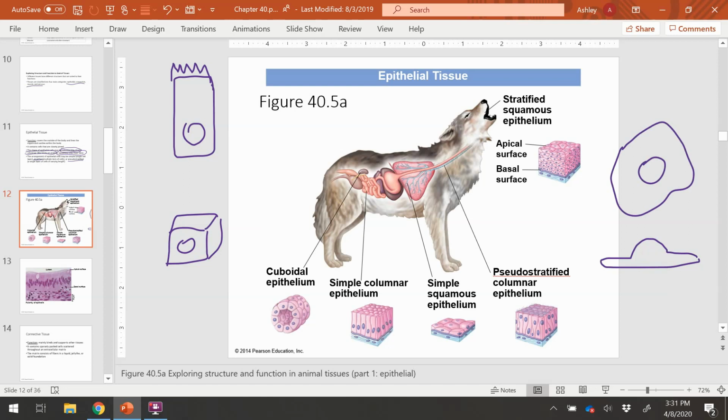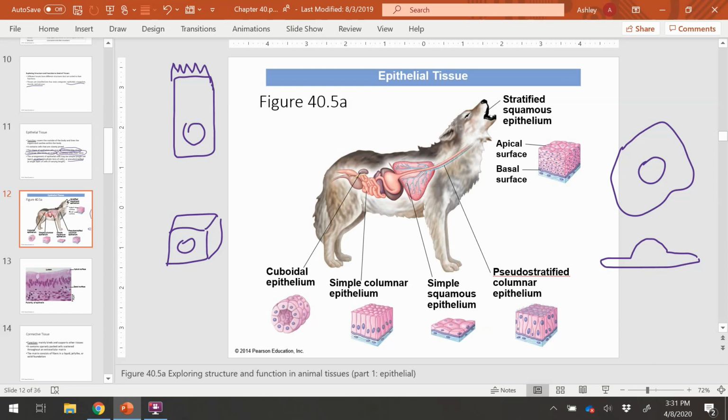So tiles or fried egg, this simple squamous epithelium is flat to allow for gas exchange to occur easily. And so you'll find it in the lungs, on the alveoli, and in the small capillaries, and so that's where squamous is found.